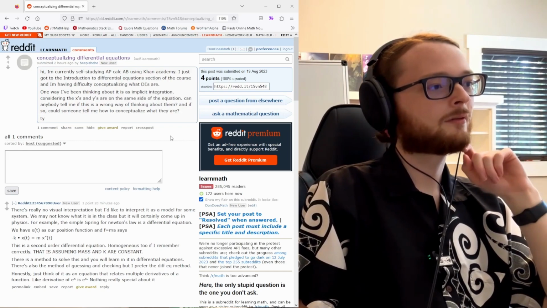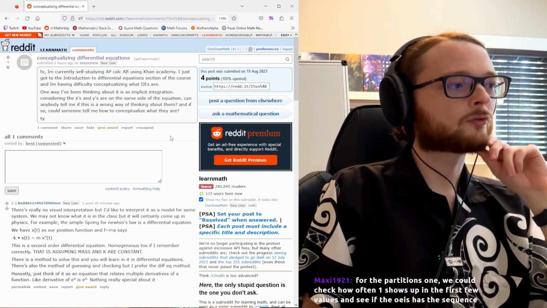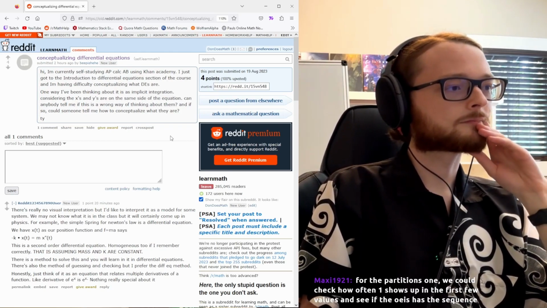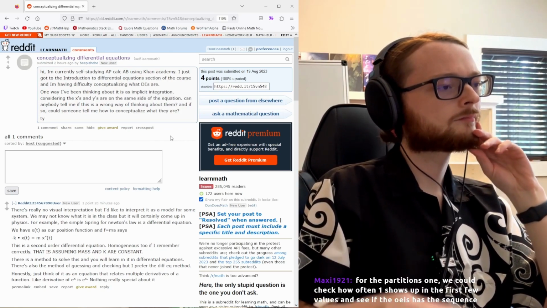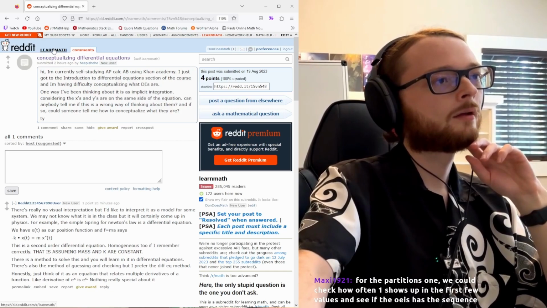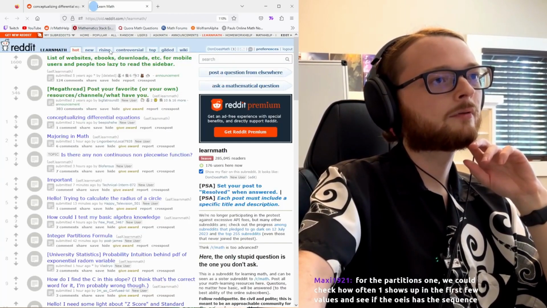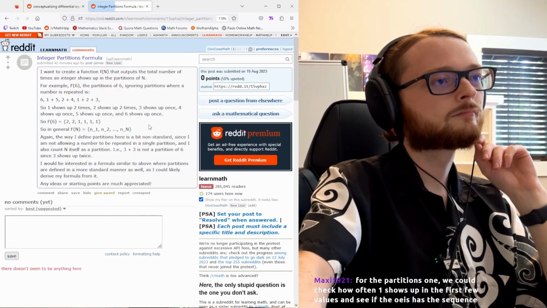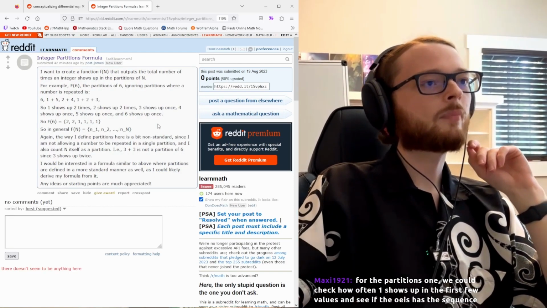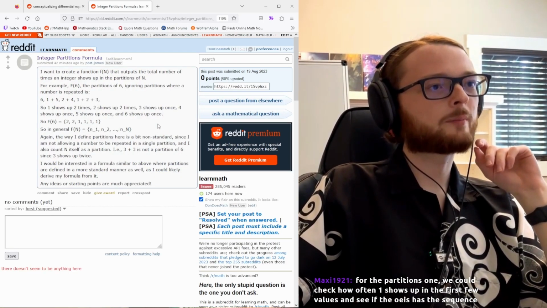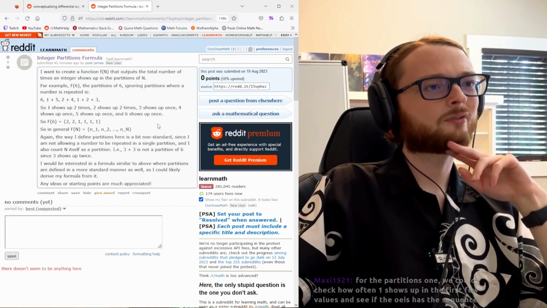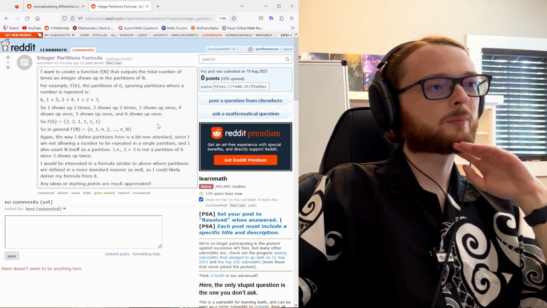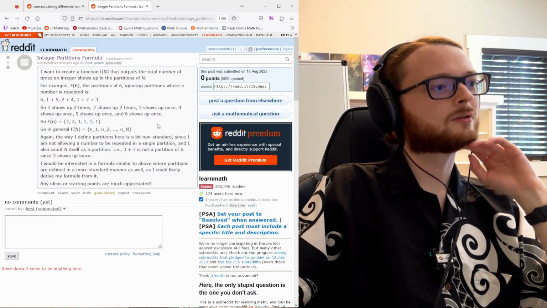Hey Maxi. Check off the one shows the first few values. Let me take a look at that one. Because they're doing a weird thing, they're not allowing repeats, it seems. At least not that you can't repeat integers in the same partition.